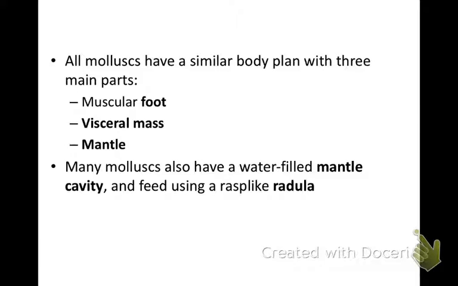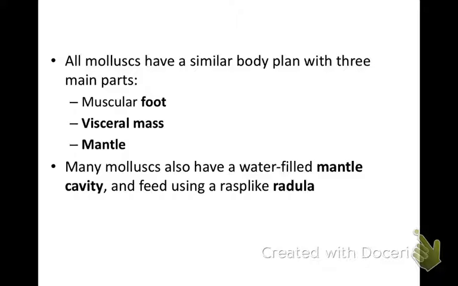So all mollusks share a simple similar body plan, including a muscular foot, on top of which is found a visceral mass, where the organs are contained, and then that visceral mass is covered by a structure called the mantle.